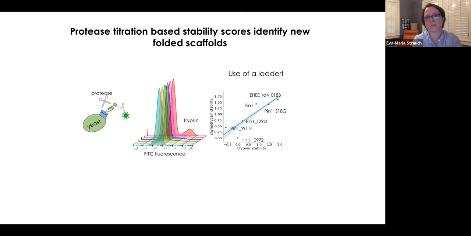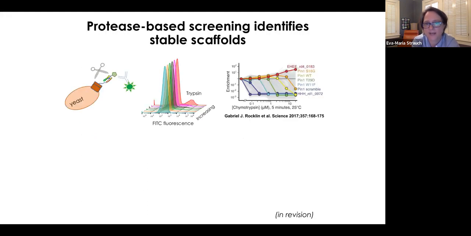I would probably recommend using more, but we essentially found a ladder for stability and included that. That helps if you have different batches of proteases to adjust for how active or not active they are, because you just do a linear regression essentially. So then you sort the different concentrations. And again, this is from Gabe Rocklin, the original idea.